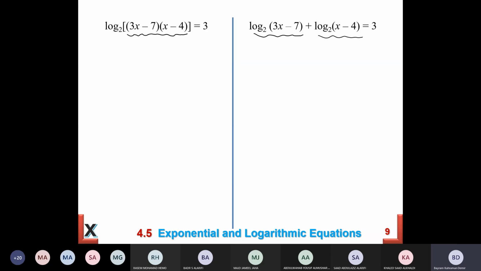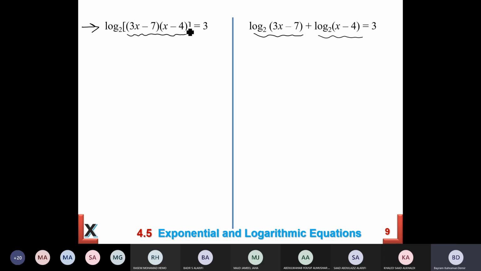We will have the same solutions on both sides, but on one side, one of the solutions will be rejected, and on the other side, both solutions will be okay. Let's look at this one.